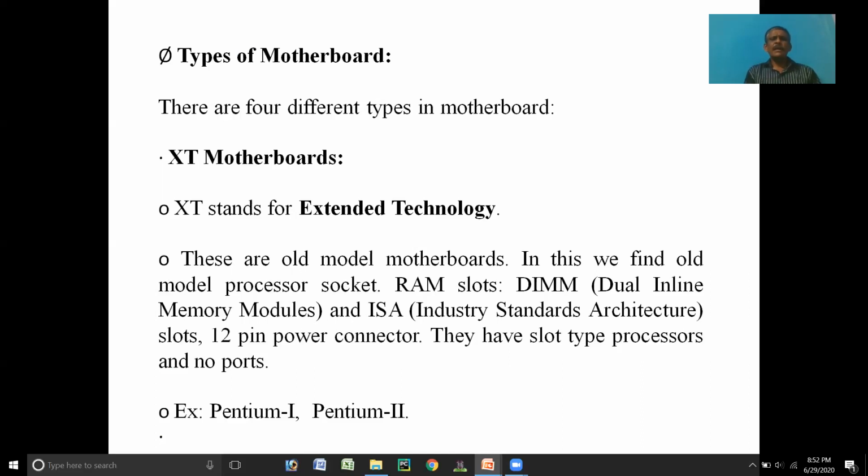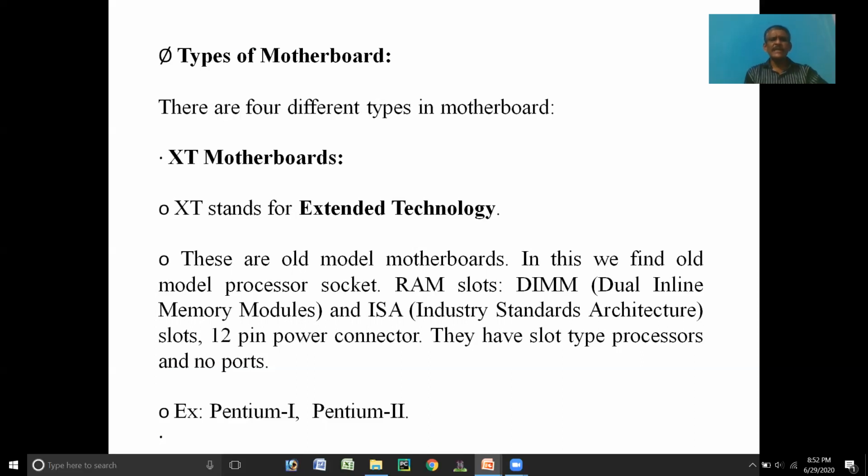DIMM RAM slots. Here DIMM stands for dual inline memory modules, and ISA slots. It also contains ISA slots.